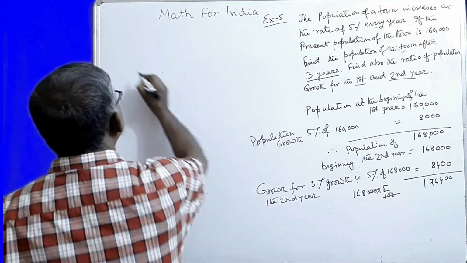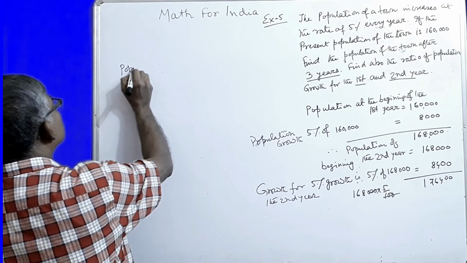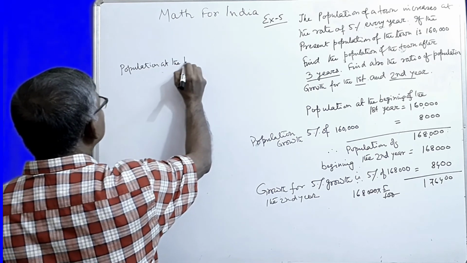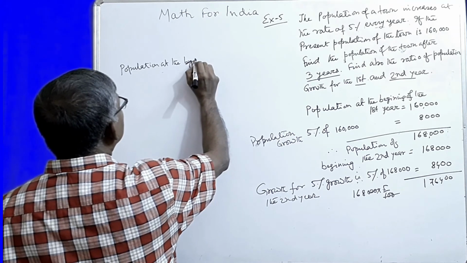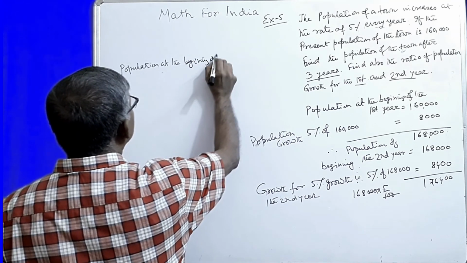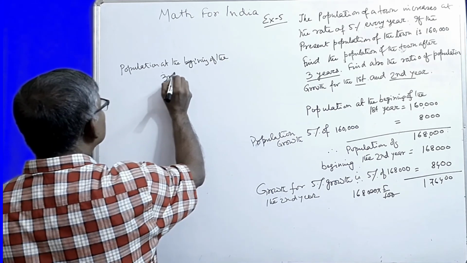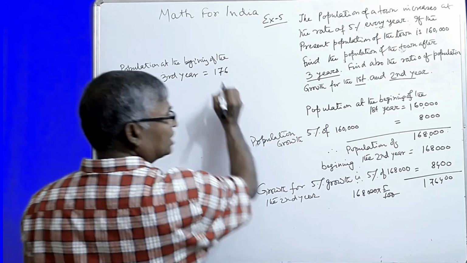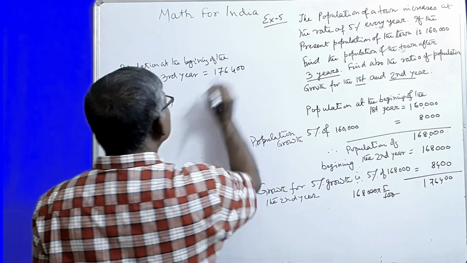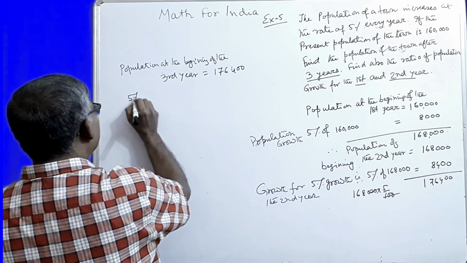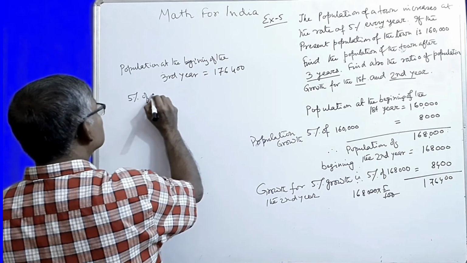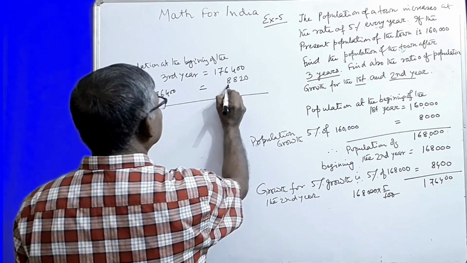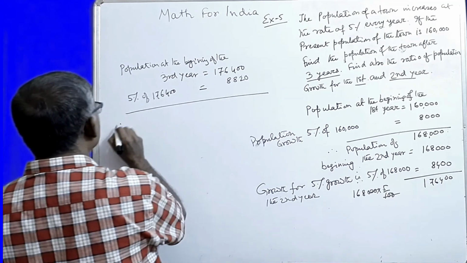Here see, population at the beginning of the third year equal to 1,76,400. Now 5% is added again, 5% of 1,76,400 equals to 8,820.